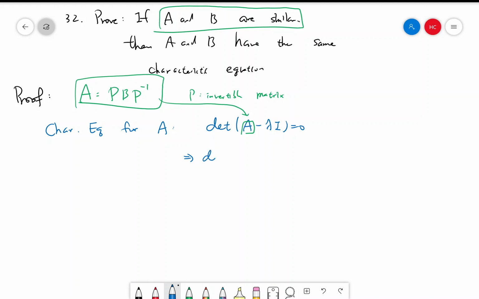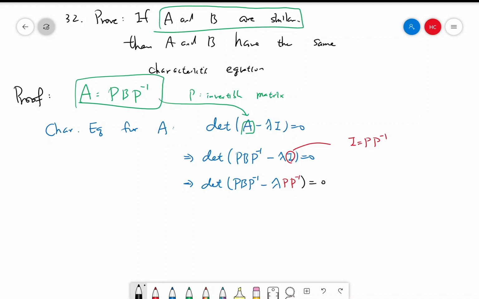So we get determinant of P B P inverse minus lambda I equal to 0. So here we use a tiny trick. We use the fact that I is equal to P times P inverse. So this is P times P inverse equal to 0.